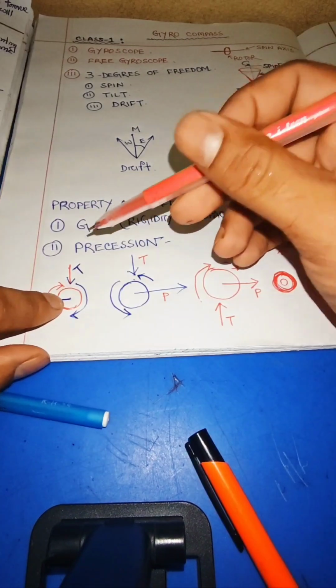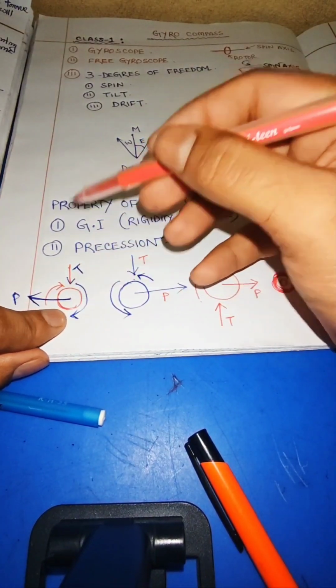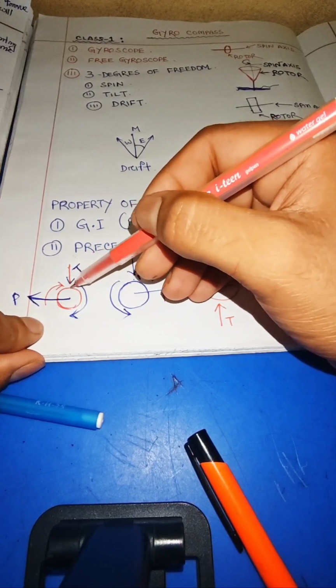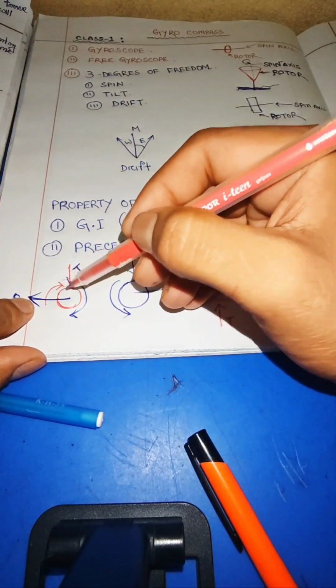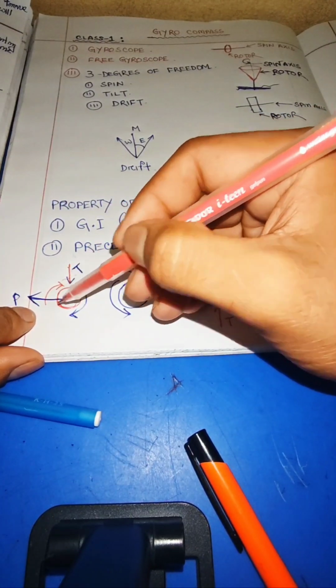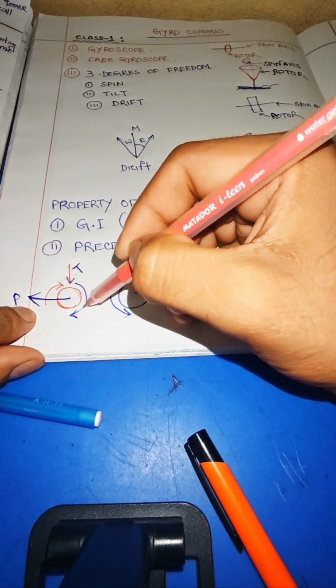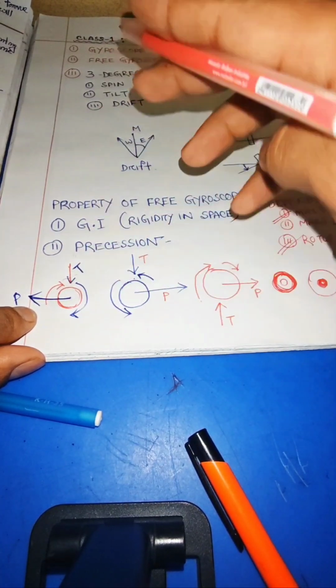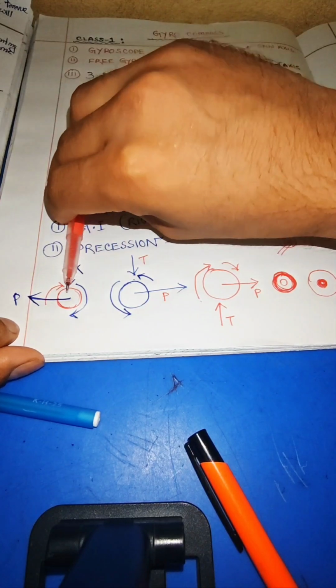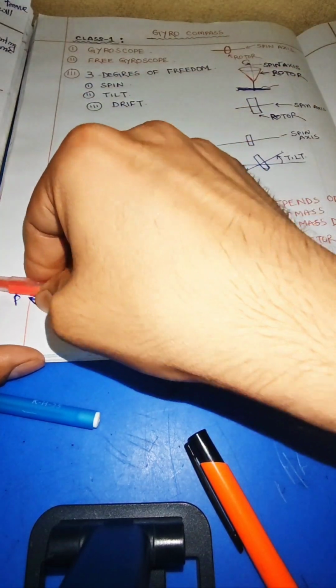This is the rotor and this is the applied torque, and precession will be 90° with the applied torque, towards the rotation.